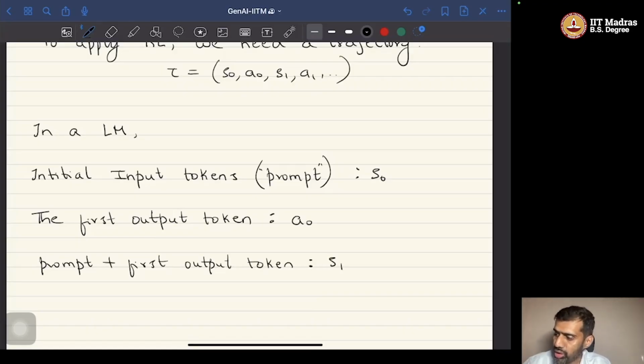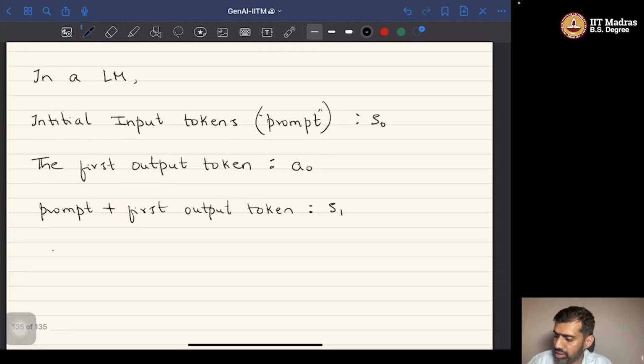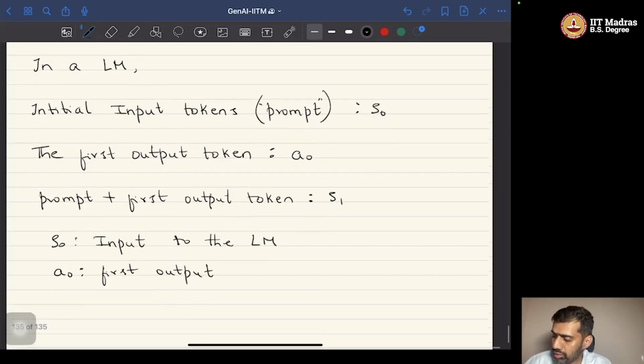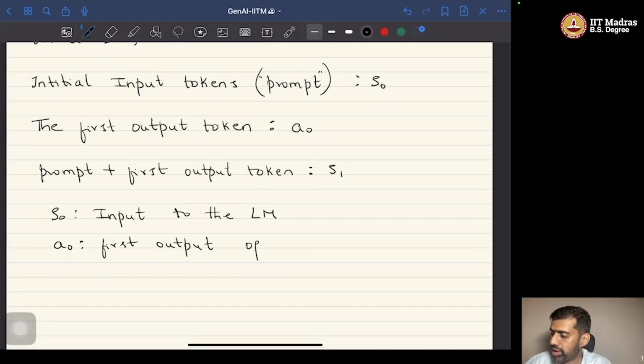So S naught is the input to the language model, and A naught is the first output of the language model.